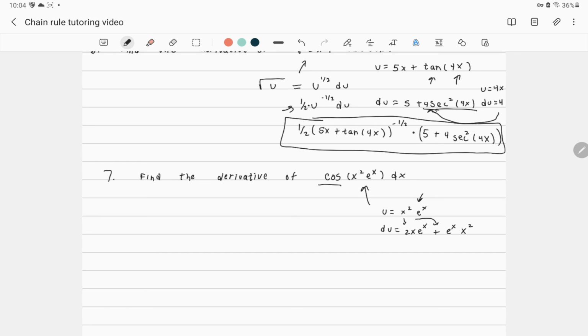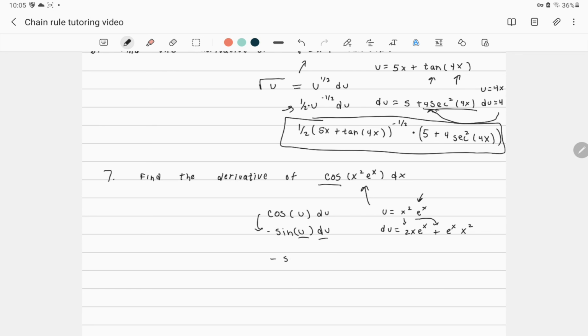And then once you find that, it's pretty much smooth sailing. So cosine of u du becomes negative sine u du, and that's a trig derivative, so you should know these. And then you just plug in u and du.